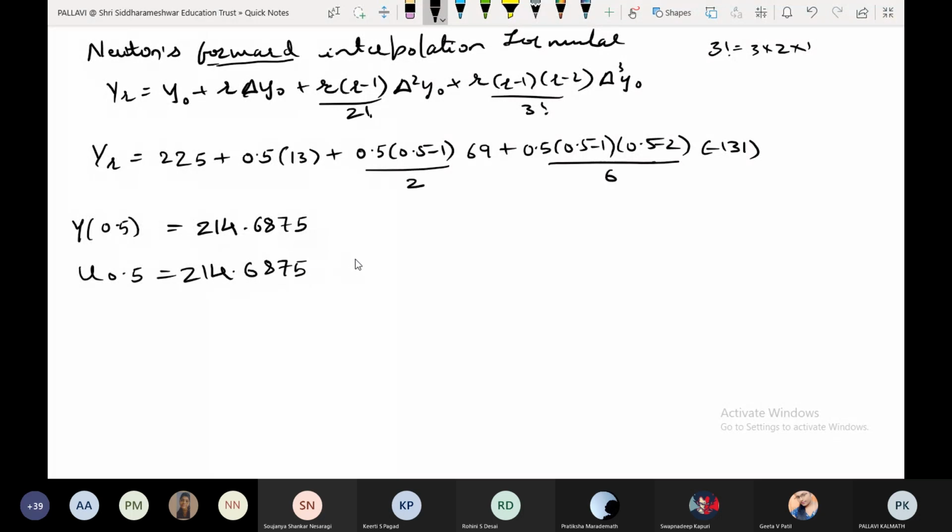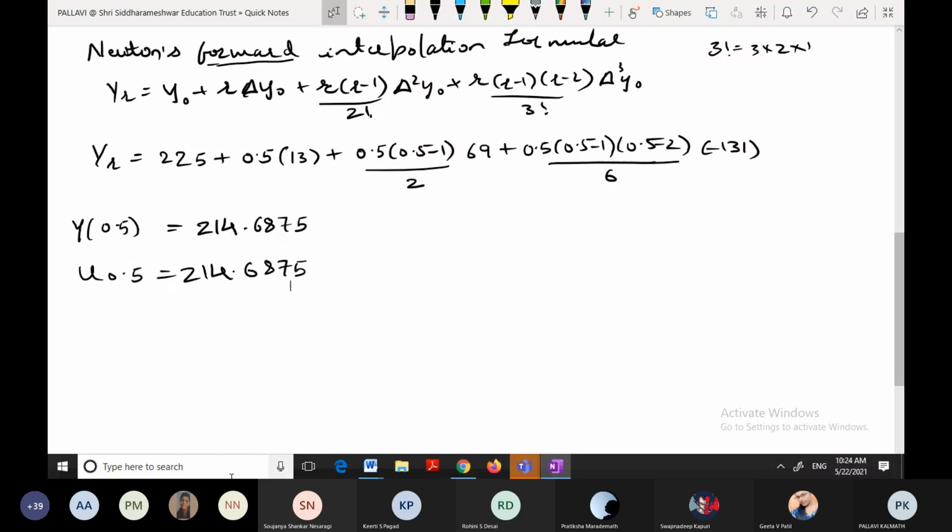So be very careful when you are substituting in the formulae, whether you have written the formula for forward or backward. Forward and backward, which to use, I have told you. Based on that point you write the formula, and while writing you will write it correctly, but while substituting, if you substitute differently, you are going to get a wrong answer. Okay? Is it clear, all of you?